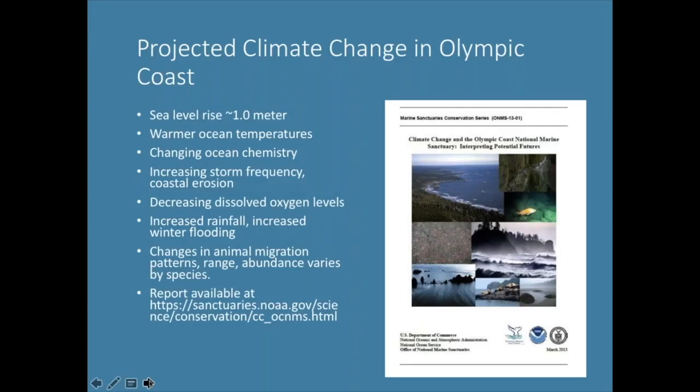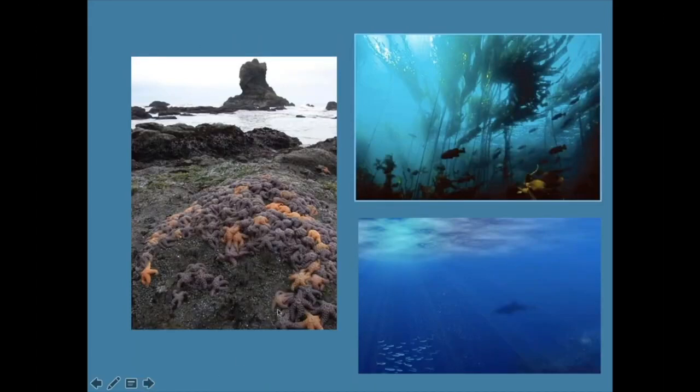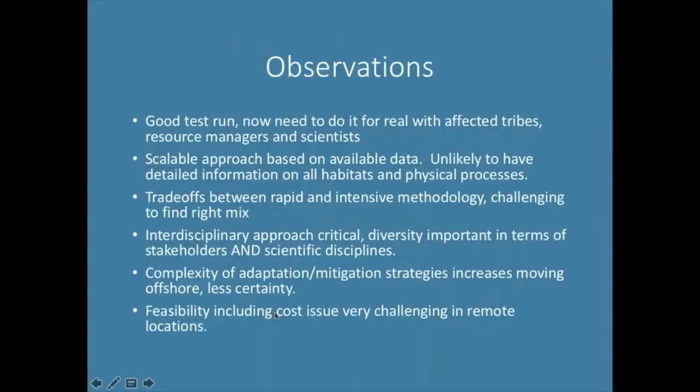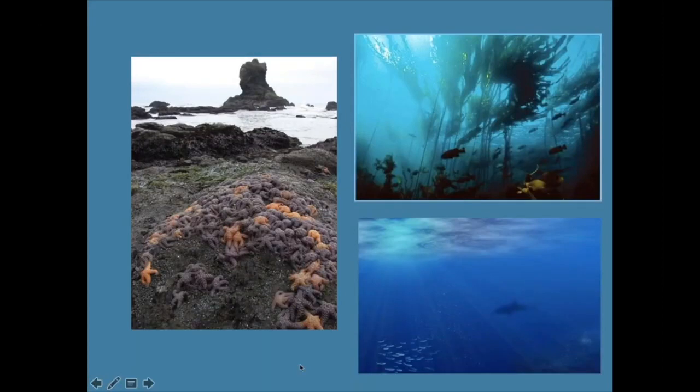We went through the training. We actually did a bunch of pre-work before the workshop, and we met after the workshop as well. So I think 1 to 2 days might be a little optimistic, but it depends how deep you go into these issues. So the assessment we did, and it wasn't comprehensive, but we looked at 5 different habitat types. And those included rocky intertidal, cobble beaches and mixed cobble sand beaches, kelp forest, so kind of the nearshore habitat.